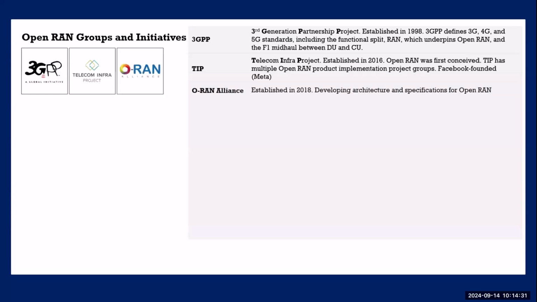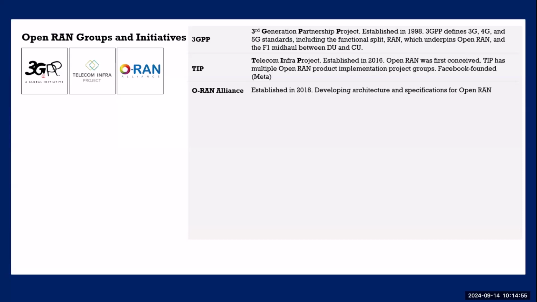Of course, nandiyan si O-RAN Alliance. Yeah. O-RAN Alliance was established in 2018, developing architecture and specifications for Open RAN. So anything na bagong interface or functionality other than the technology ng 4G or 5G, sagot yun ni Open RAN, ni O-RAN Alliance. Okay, O-RAN Alliance will take care of it.